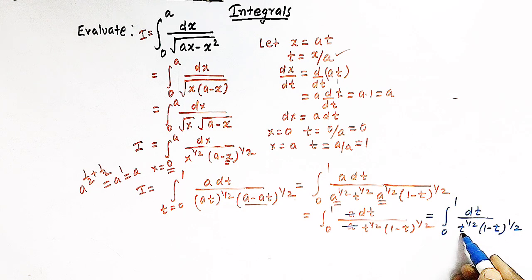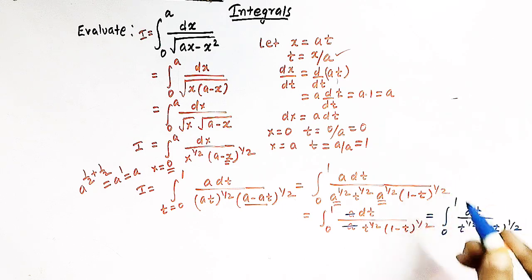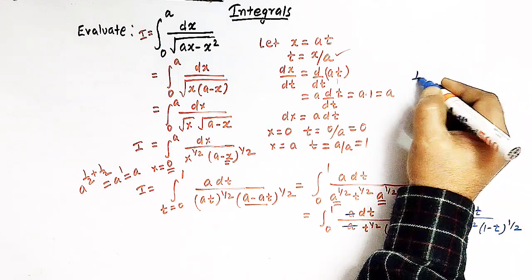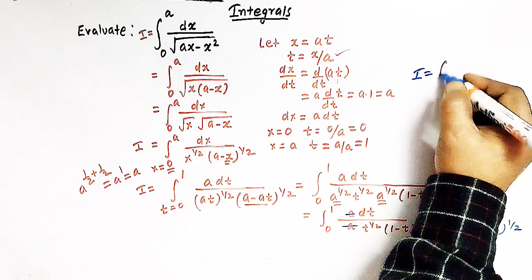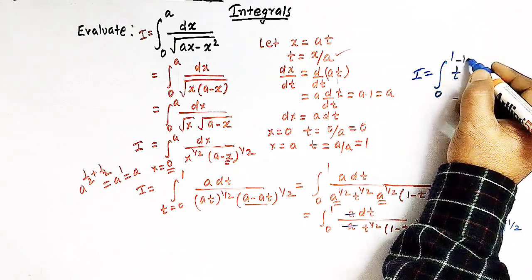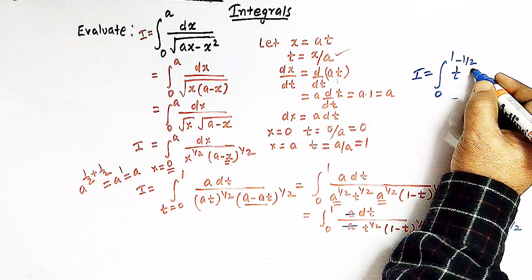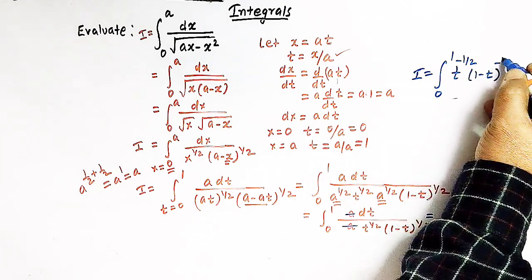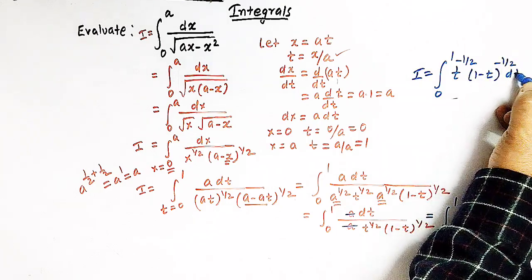Now let us take both these terms to the numerator. So we can now write I is equal to integral 0 to 1, and we have t raised to minus half, and here we have 1 minus t raised to minus half and dt.